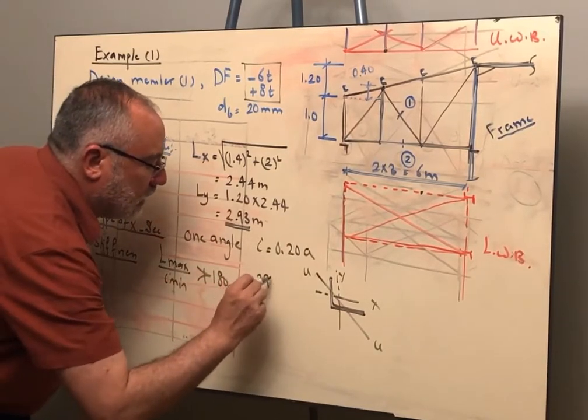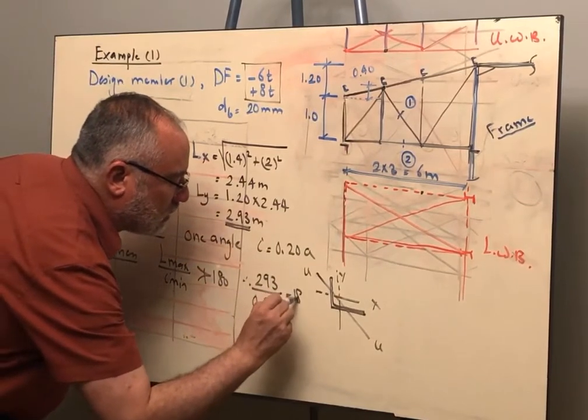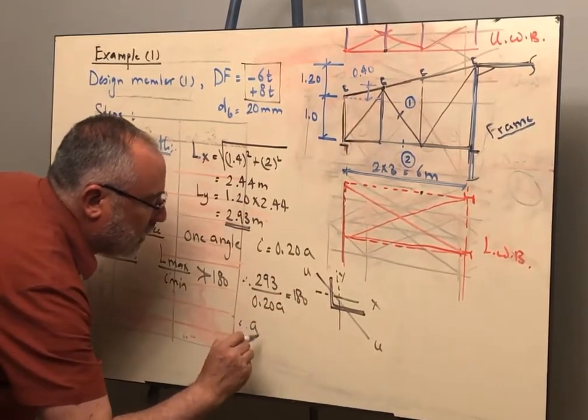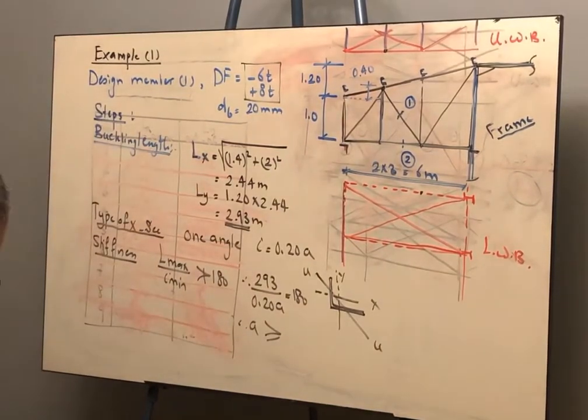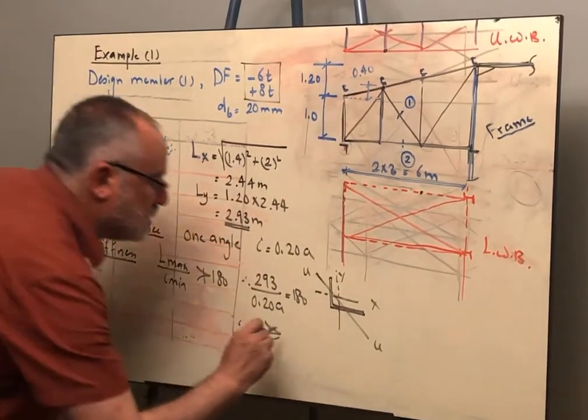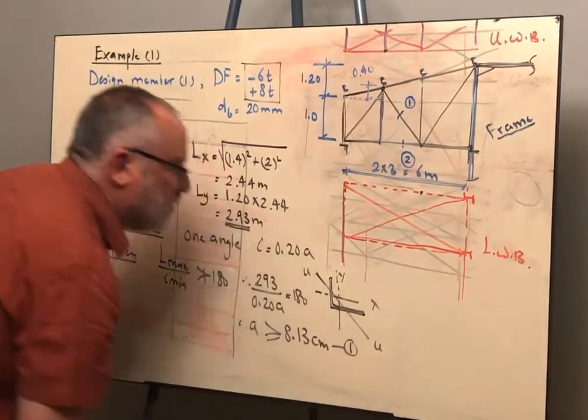Therefore, 293 over 0.2a is equal to 180. From there, a should be bigger or equal to 8.13 centimeter. And this is the first requirement.